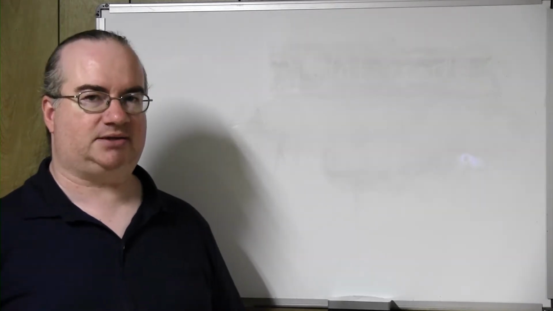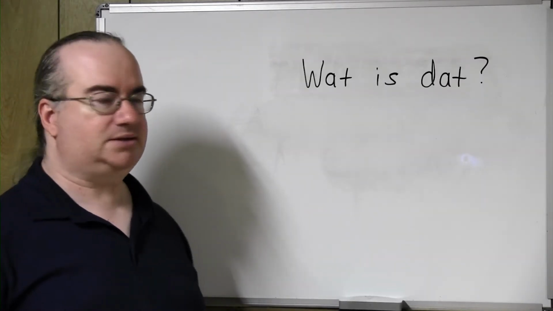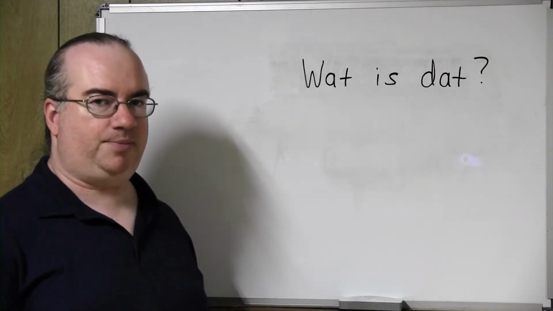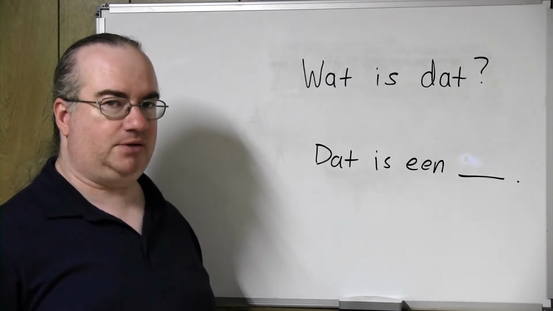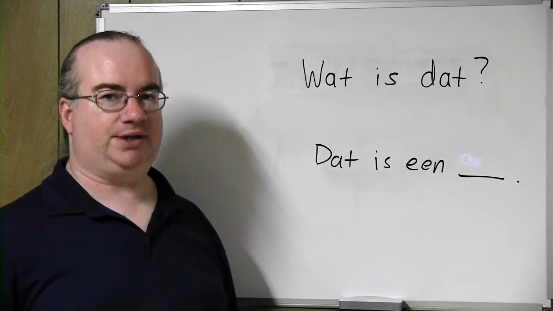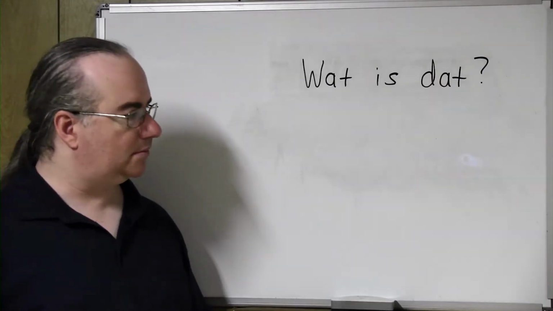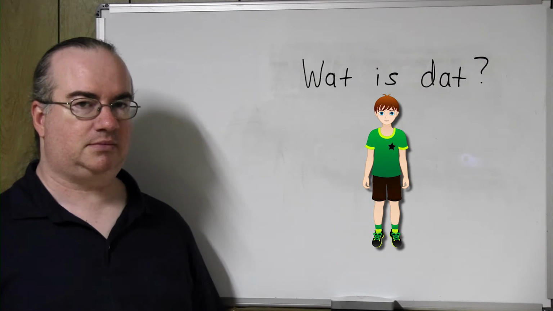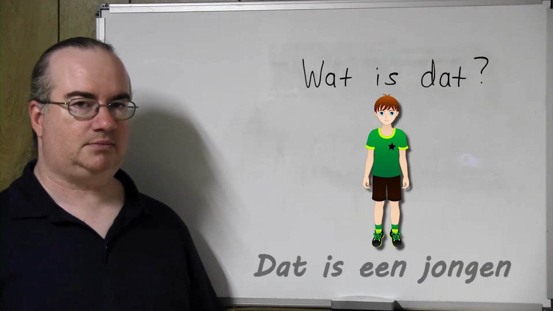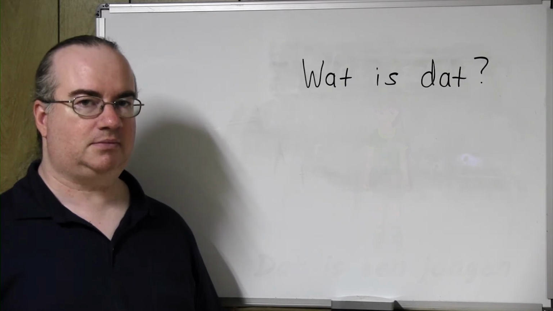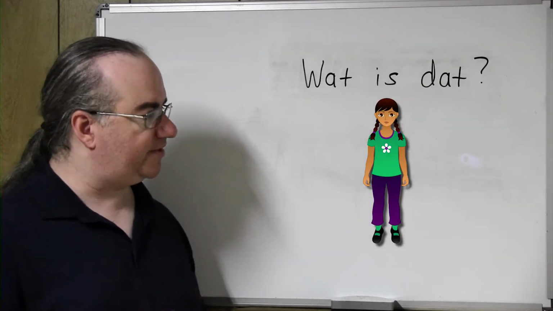Let's try a short exercise. I'm going to ask, wat is dat? And something will appear here on the board. And then you will say, dat is een, and whatever the word is. Wat is dat? Dat is een jongen. Wat is dat?